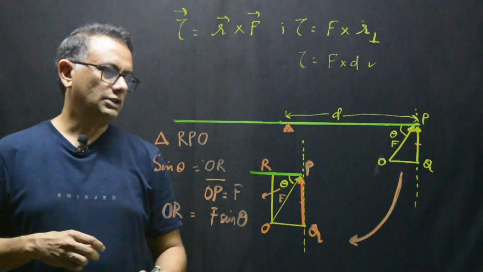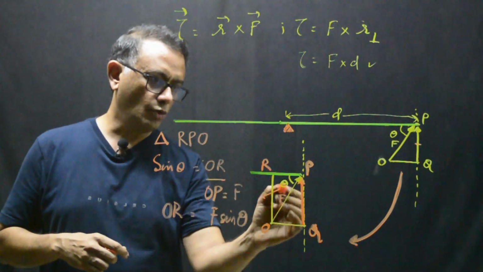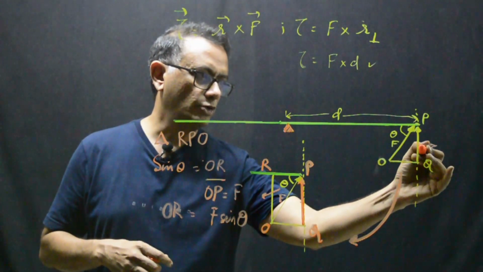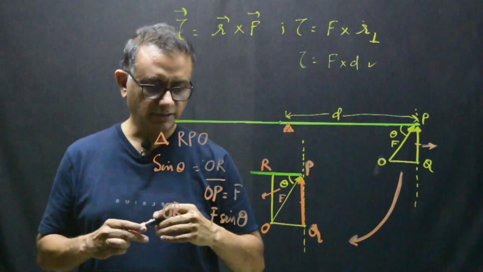So that means we have calculated OR, and PQ will be one and the same. Therefore this is going to be... this pen is not writing, I'll just change it.